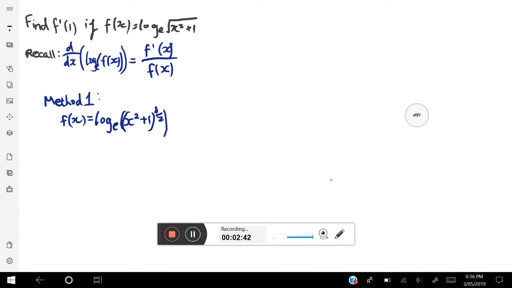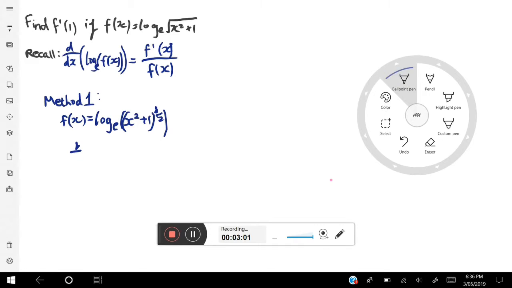So then, if we were to find f dash of x of that, that means we're differentiating the square root of x squared plus 1, so that would be a half times x squared plus 1 to the power of negative a half. This is using chain rule, by the way, because a half minus 1 is negative a half.